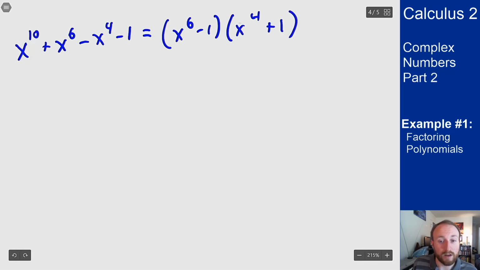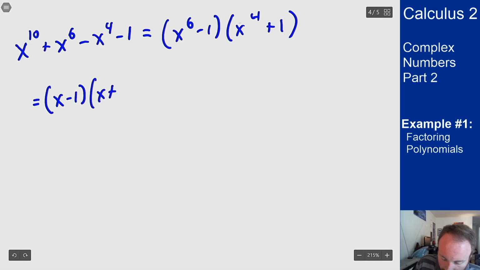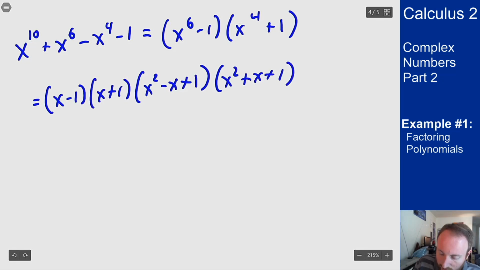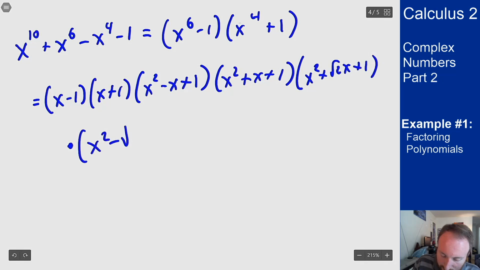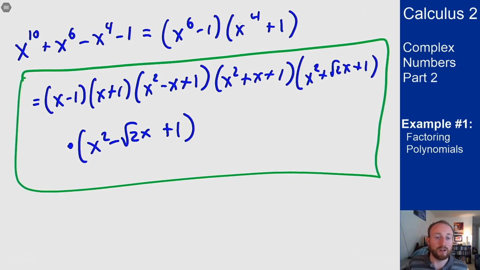And then our work above showed we could factor each of these separately again, giving an x minus 1, x plus 1, x squared minus x plus 1, x squared plus x plus 1, all coming from the x to the 6 minus 1 term. And then the x to the 4th plus 1 gave me an x squared plus root 2 x plus 1, and an x squared minus root 2 x plus 1. And that gives us a way to factor this polynomial into linear terms and irreducible quadratic terms.